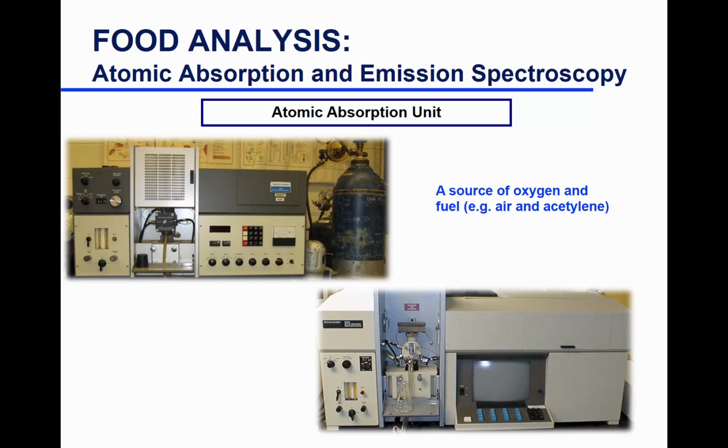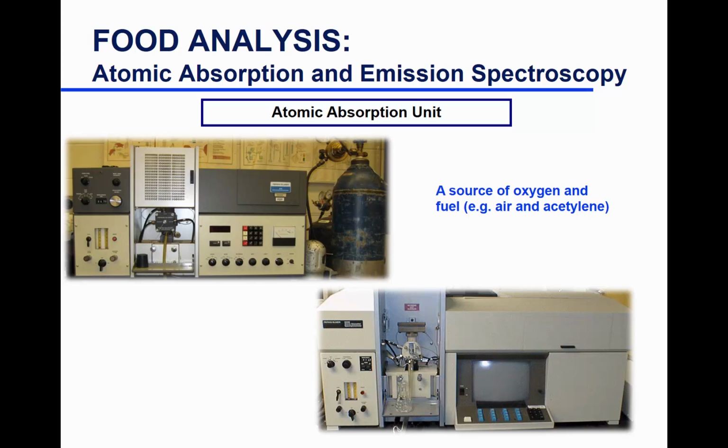So you're going to have a little tube where you insert your solution that has your minerals, and there your solution is going to be aspirated into the system, and the mist of the solution will be converted to small droplets that are directed towards the flame.